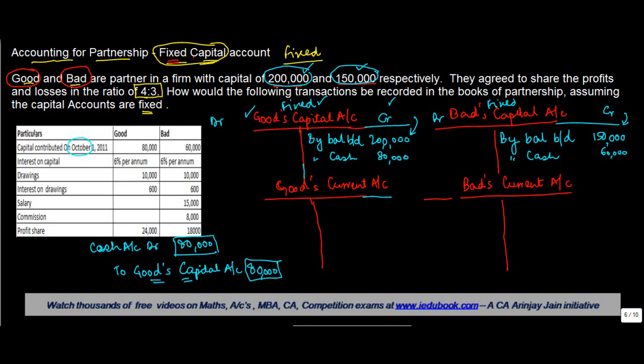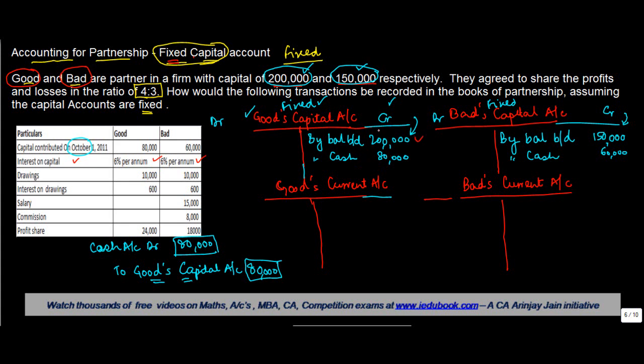Now the other entry is interest on capital, 6% per annum. To calculate the amount of interest, let me take you to a different sheet. What's the capital which we have? We have 200,000 which was standing as an opening balance.